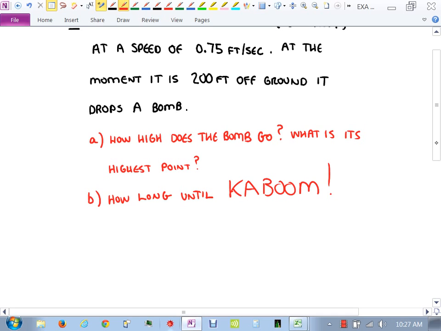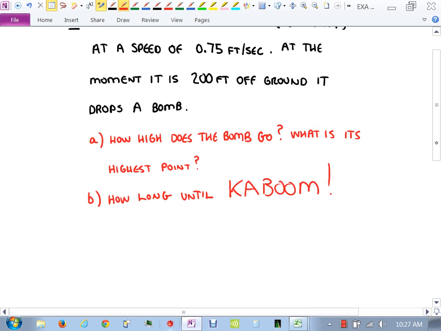Because it had a speed going up, even though I let it go, it still had speed. So it had to let gravity take over and come back. So even though we let it go at 200 feet, it still came up a little bit and then started dropping. So we want to know how high it went, and then eventually how long it took to hit the ground.